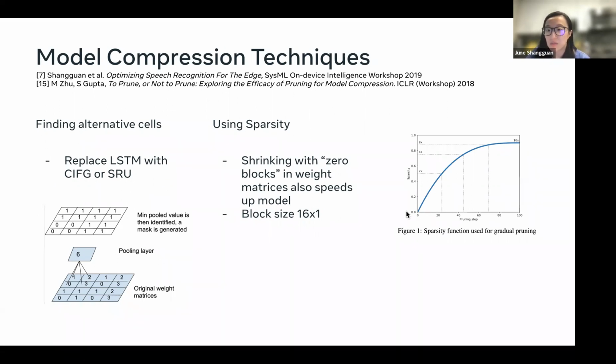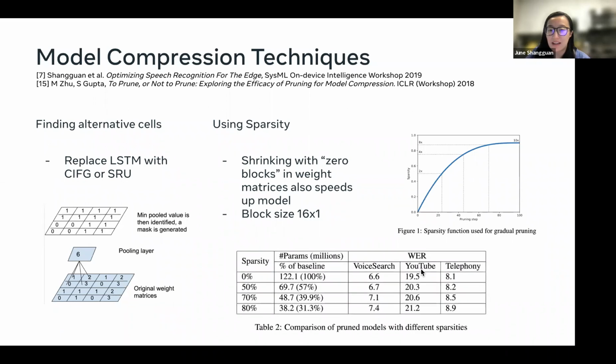Sometimes we start with a well-trained model and gradually prune it. We present the sparsity imposed on the LSTM RNN-T here, where you can see that as you increase the sparsity, naturally the word error rate degrades a little bit, but it's quite impressive that even at 70% sparsity, the degradation is very small.